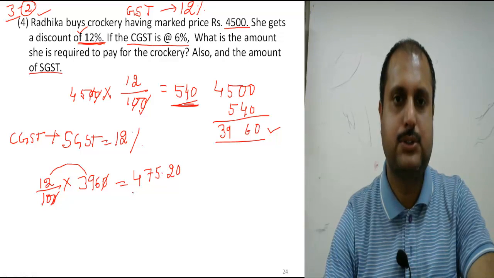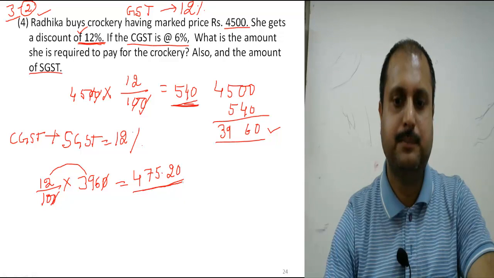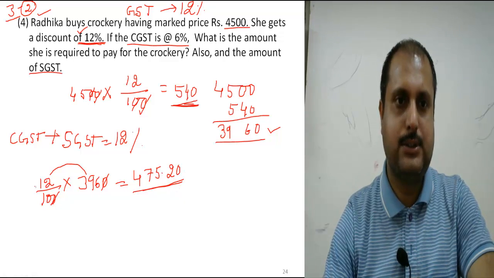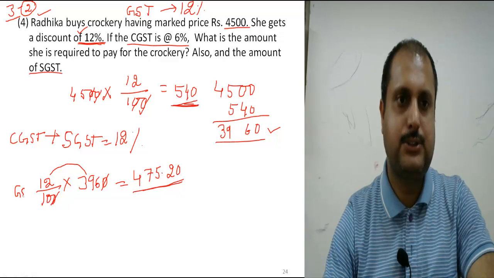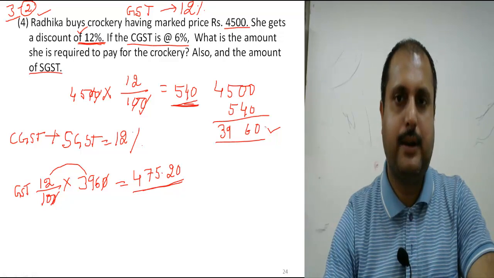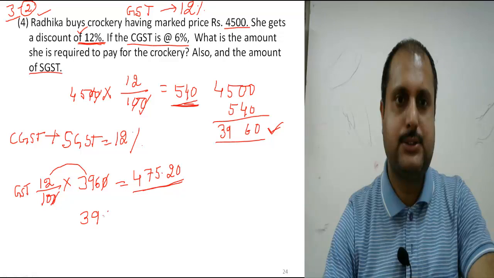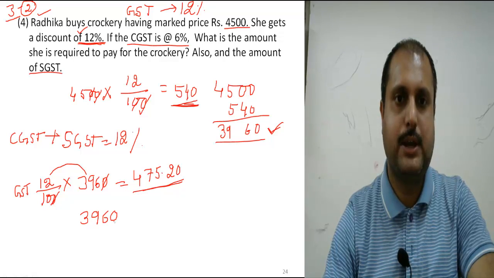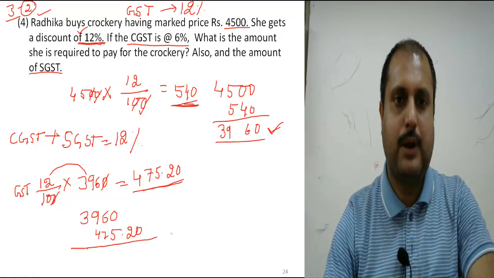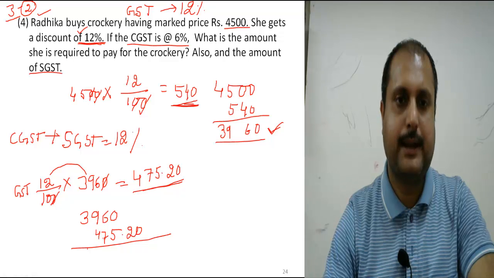You can do the mental calculation also. Now this is the GST tax that Radhika has to pay on this amount. After adding the tax, what will be the total amount she has to pay? 3,960 is the actual amount, and we add 475 rupees plus 20 paise, because she has to pay the taxes also.